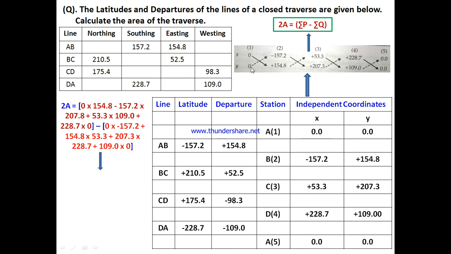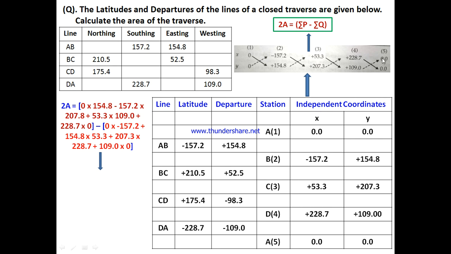Now summation of Q will be equal to 0 into minus 157.2 plus 154.8 into 53.3 plus 207.3 into 228.7 plus 109.0 into 0, following all the dotted lines, like here, then this, then this, then this.